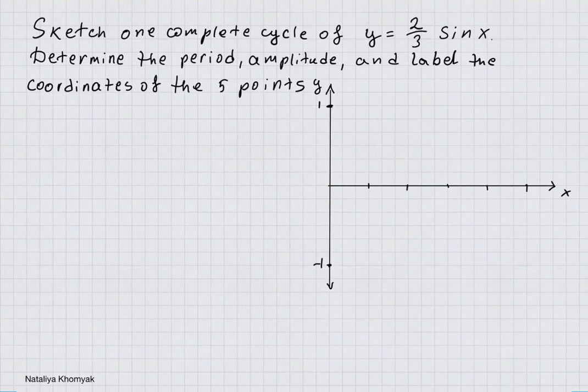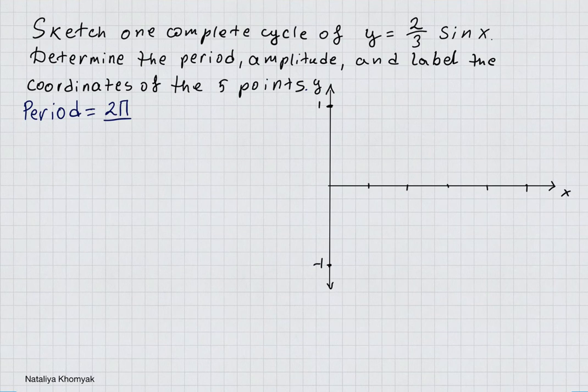Here we have to sketch one complete cycle of y equals 2 over 3 sine x. We need to determine the period, amplitude, and label the coordinates of the 5 points. The period is always 2 pi divided by the coefficient of x.